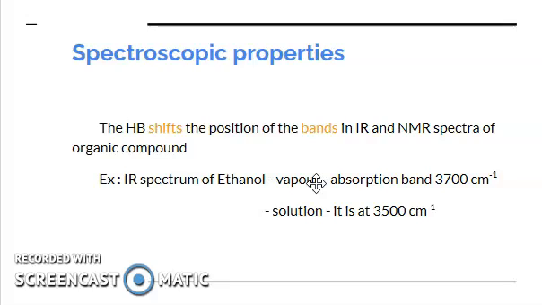Whereas the IR spectrum of ethanol in solution form shows 3500 per centimeter. So in solution form, what happens? It forms hydrogen bonding, resulting in the association of molecules, which results in the shifting of the band. This is how it influences the spectroscopic properties: it shifts the position of the band.